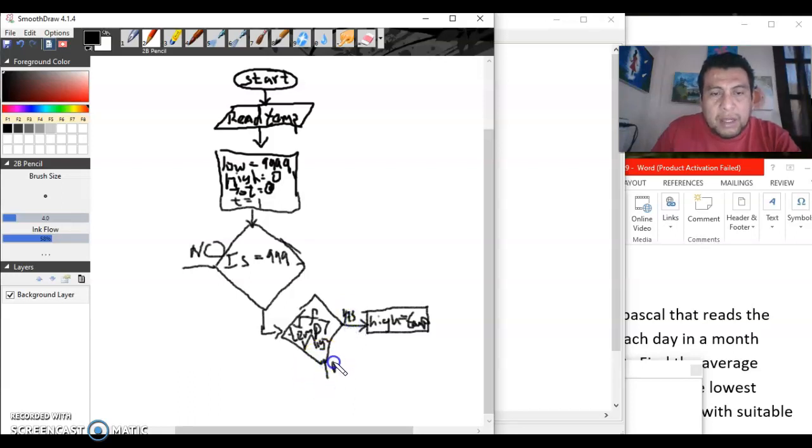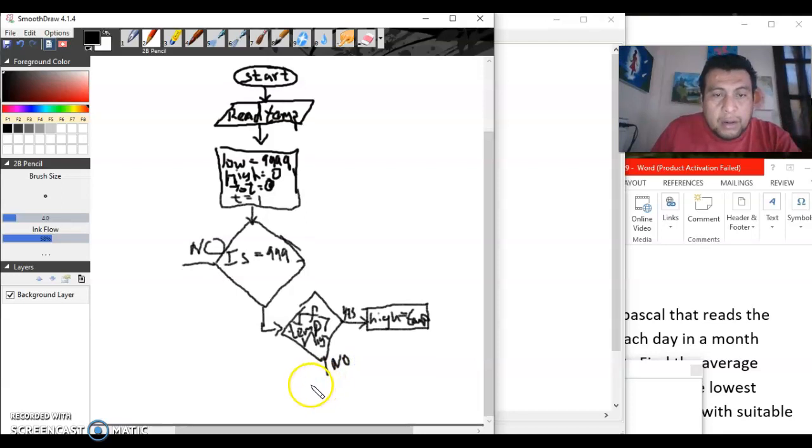If not, that same temperature goes to another decision. It goes here: if temperature is less than, sorry again, less than high, which is 999.